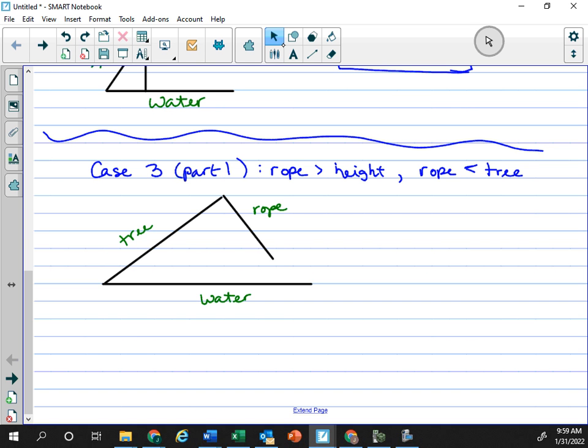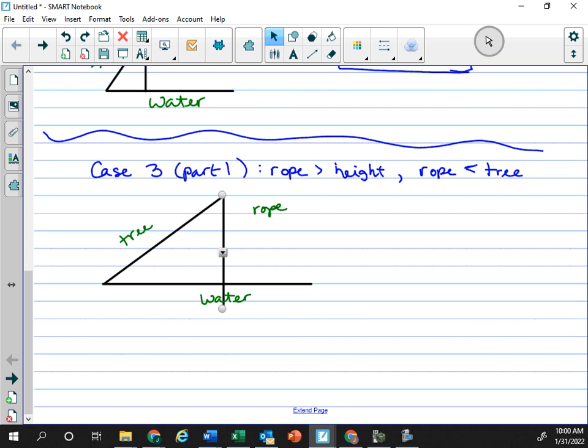Let you draw it, and then I'll explain this one. This is where it gets a little bit trickier. Okay, so let's look at this rope first. So your rope is something like that. You guys see how that would be longer than the height, right?